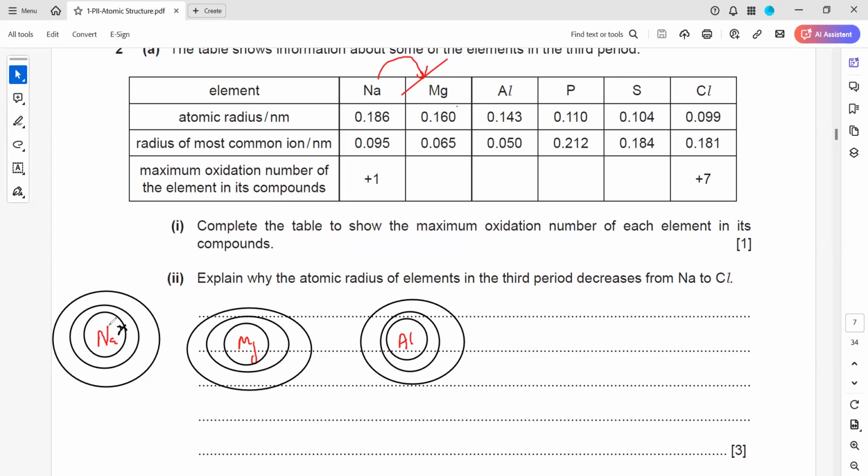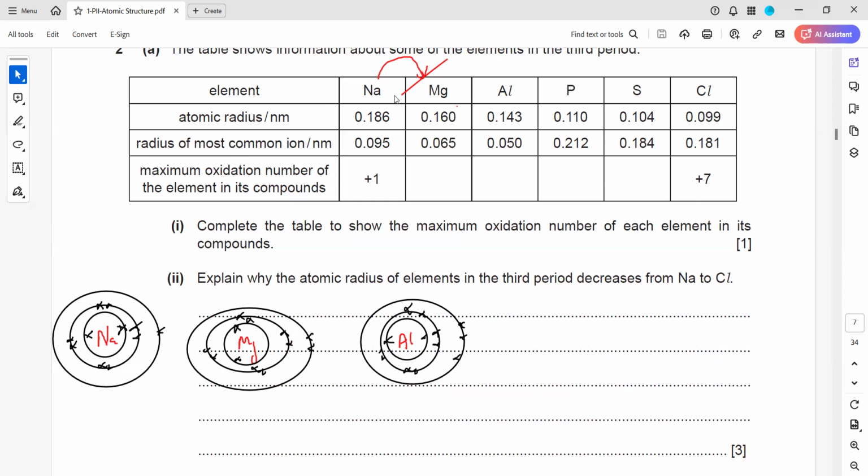So how is the shielding effect the same? Sodium: first shell 2 electrons, second shell 8 electrons, third shell 1 electron. Magnesium: first shell 2 electrons, second shell 8 electrons, third shell 2 electrons. For aluminium, first shell 2 electrons, second shell 8 electrons, and third shell 3 electrons.